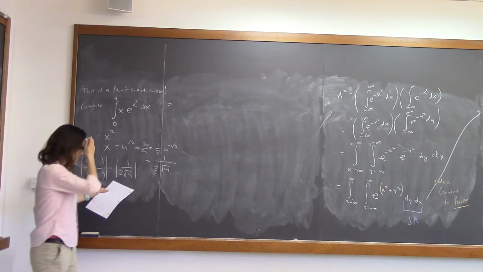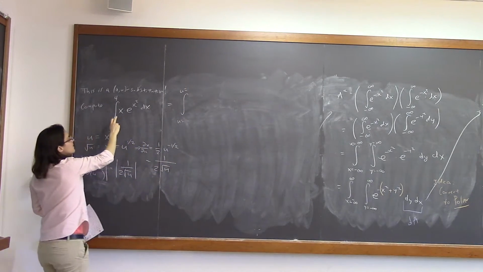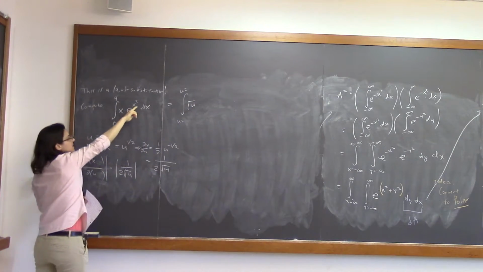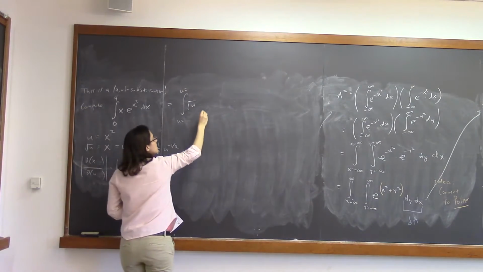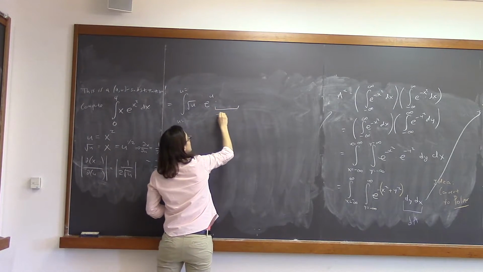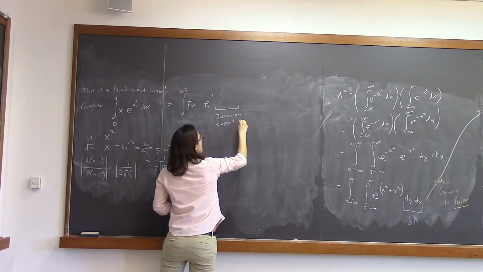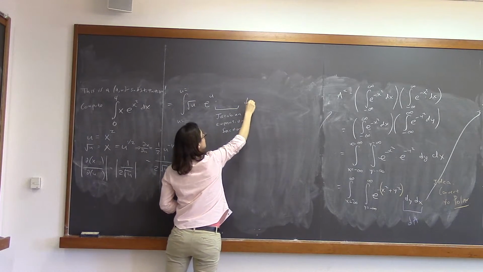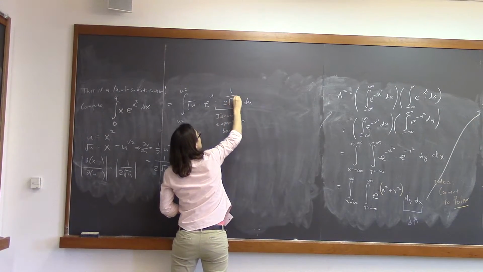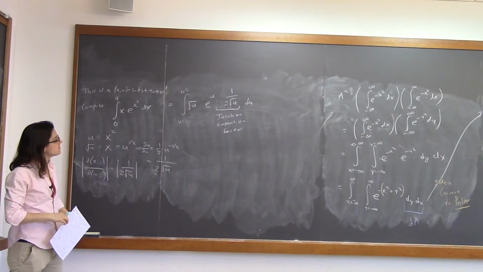So in this case, we would rewrite this as the integral from u equals something up to u equals something of, let's see, x is square root of u. e to the x squared is e to the u, times your Jacobian expansion factor times du. And our Jacobian expansion factor was 1 over 2 times square root of u. Here, we can get rid of the absolute value signs because square root of u is positive.